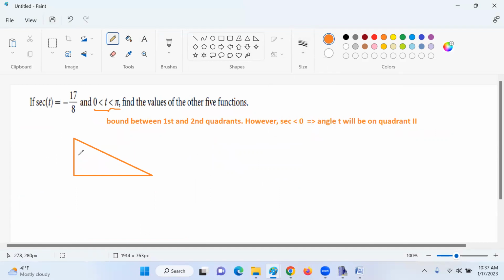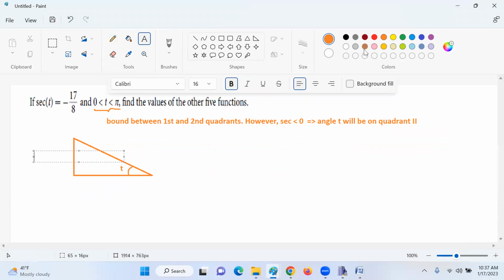It doesn't matter which one we call it. You can call this one angle t, but we need to determine the opposite, the adjacent, and the hypotenuse appropriately. If I call this one the angle, this side length will be the opposite side length, correct? The side across from the angle is called the opposite, this one we call adjacent, and this one we call hypotenuse.